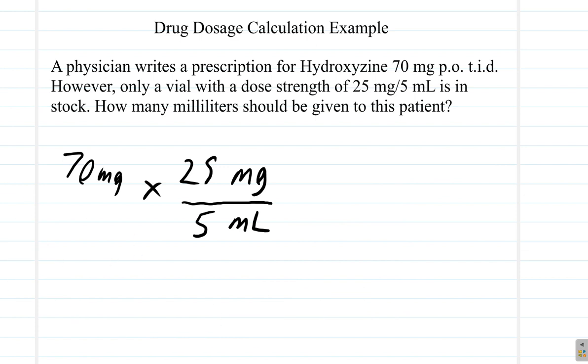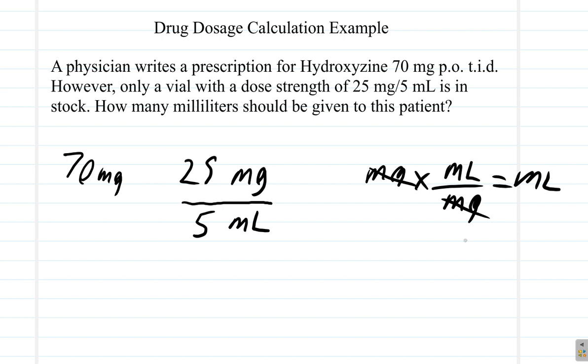So what you're going to have to do is have milligrams multiply by milliliters over milligrams, and milligrams will cancel milligrams and leave milliliters alone. So what you have to do now is say 70 milligrams times, the next unit should be milligrams in the denominator and milliliters in the numerator.